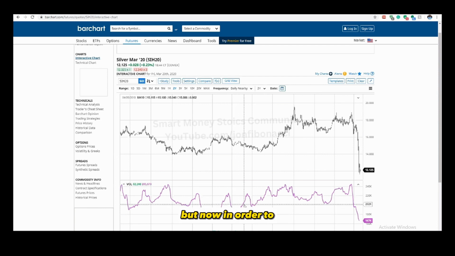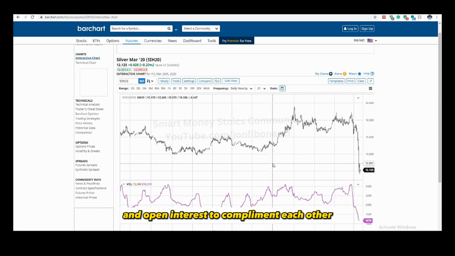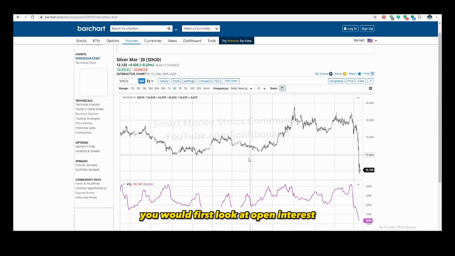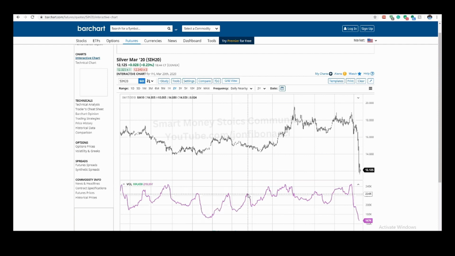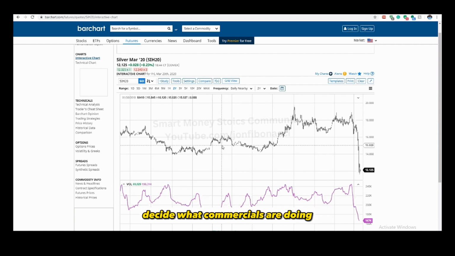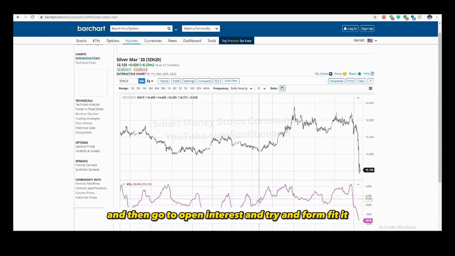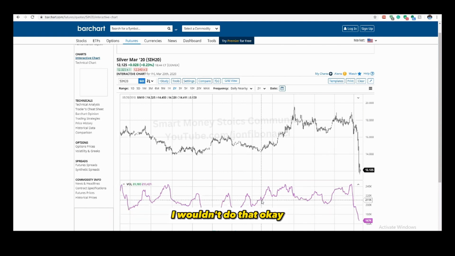But now, for price action and open interest to complement each other, you would first look at open interest, decide what commercials are doing, and then go into price action to confirm. I wouldn't do it the other way around. I wouldn't start with price action and then go to open interest and try to form fit it. I wouldn't do that. Okay.